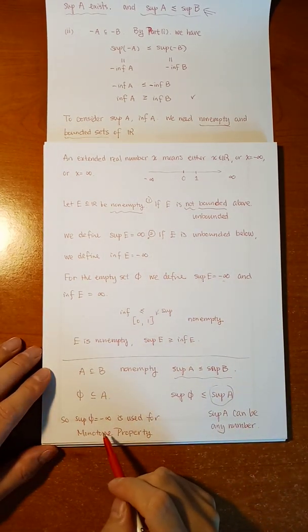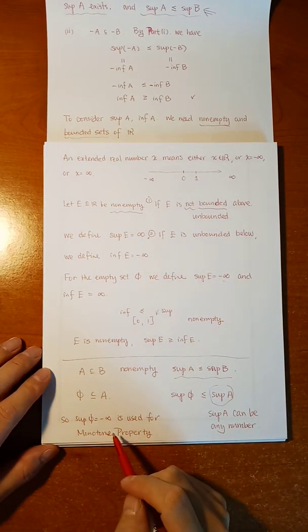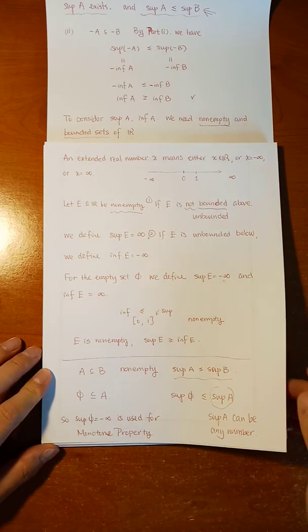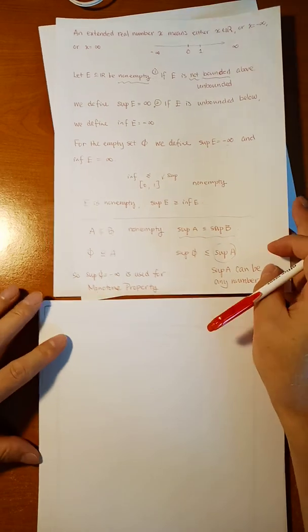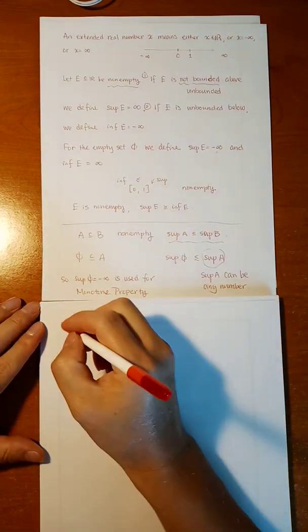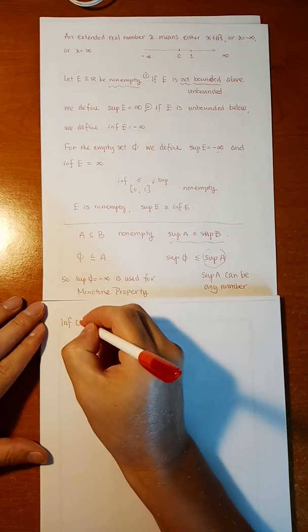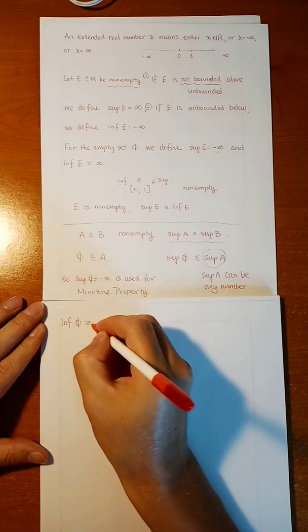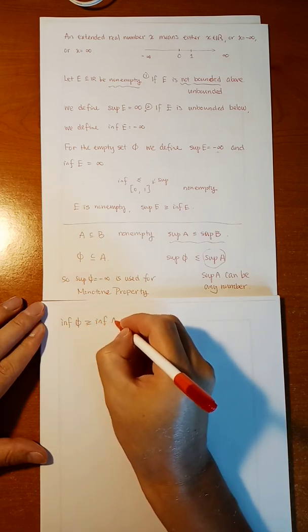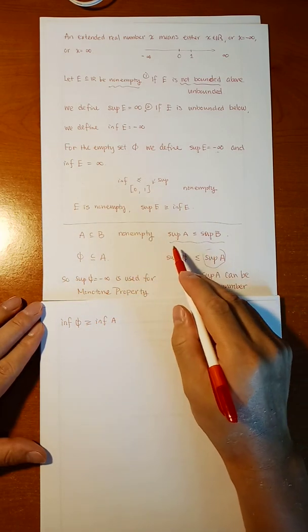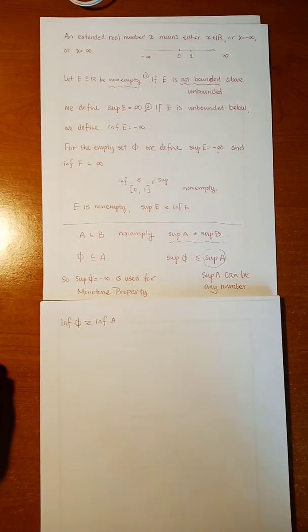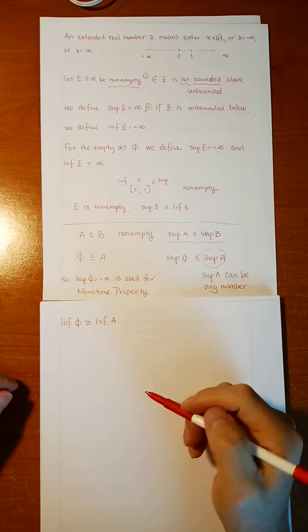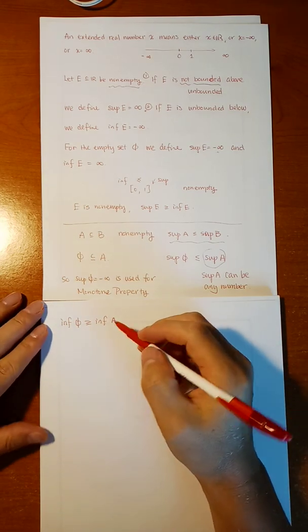That is the reason we put the negative infinity here. With a similar concern, the infimum of the empty set should be greater than or equal to the infimum of an arbitrary subset from the monotone property. We just proved that the infimum of a subset is greater than or equal to the infimum of a superset.